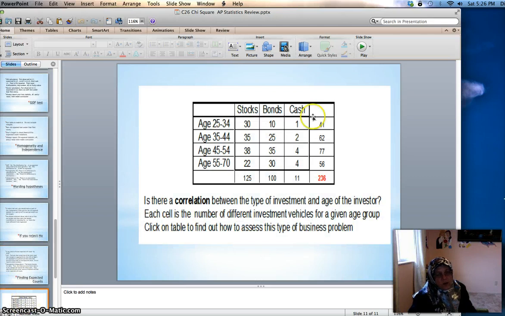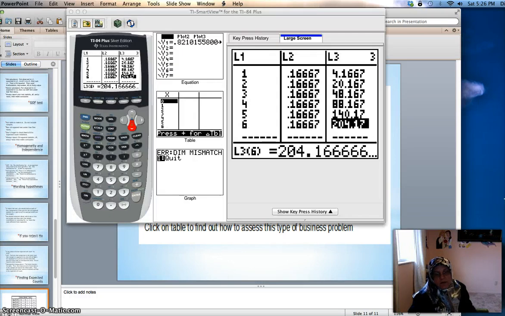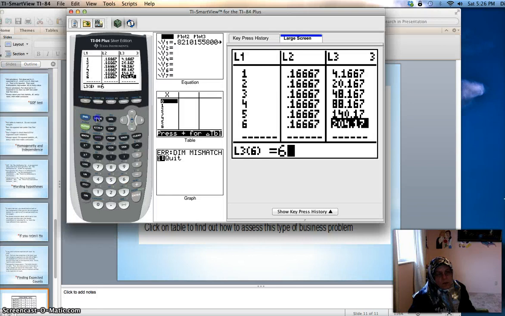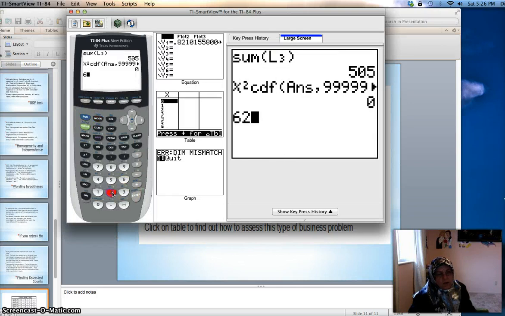So for example, if we go back and look at that table again, here are our totals here, right? So I could say that 62 out of 236 is the proportion in the 35 to 44 age category. So 62 divided by 236.